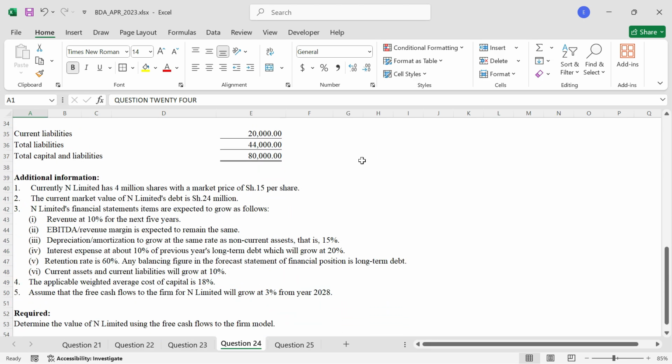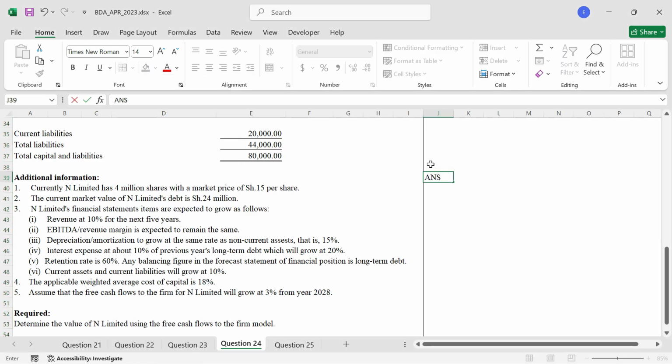I'm given additional information. Currently, N Limited has 4 million shares with a market price of 15 shillings per share. I'll capture my information. This will be my answer.